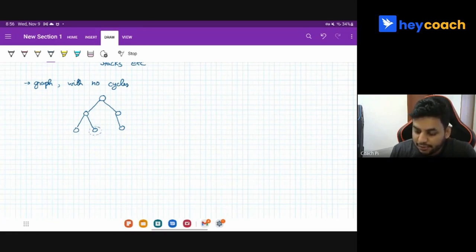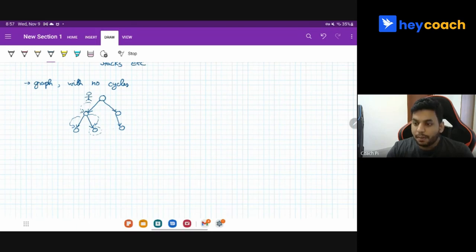So what do we mean by no cycle? Let's say a person is starting to traverse this tree from this node. He visited this particular node, and then he visited the child node, and then from this parent node he visited another node.